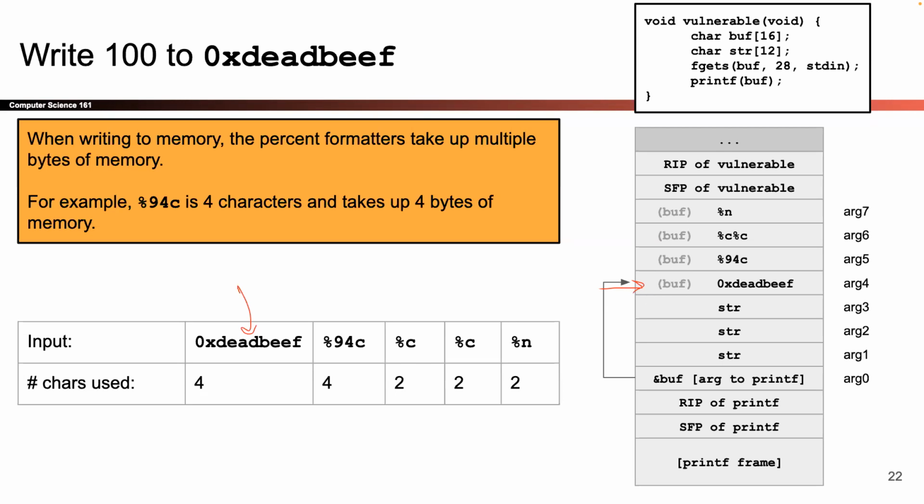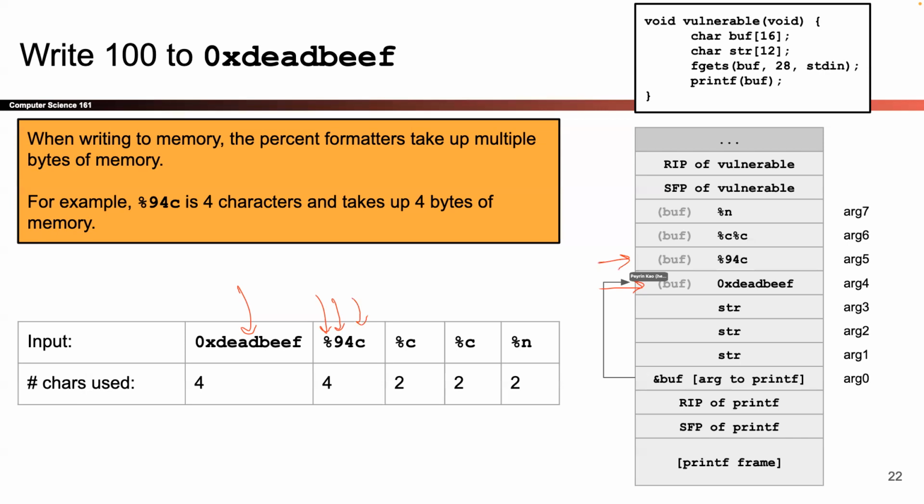What comes next? The percent character. How long is the percent character? It's 1 character. And then the 9, that's literal character 9. Why is that the case? Remember, what is printf taking as that first argument, the 0th argument? A string. So I'm reading this all as a string. The percent is 1 character, 9 is 1 character, 4 is 1 character, and the C is also 1 character.